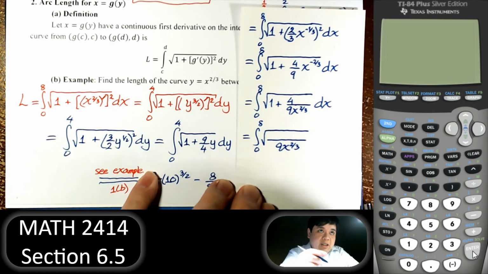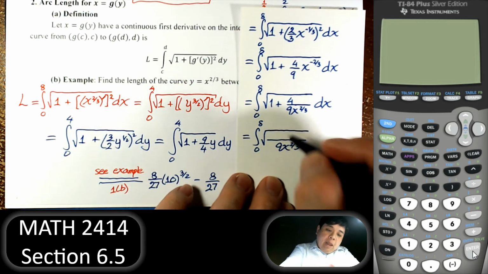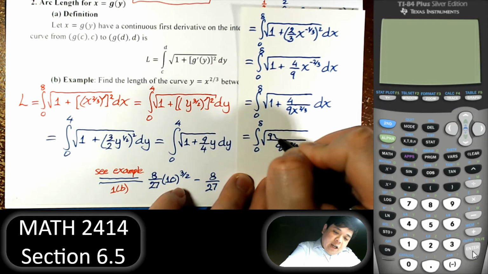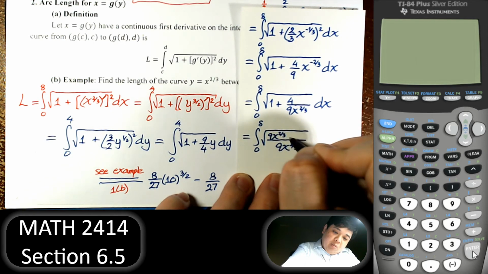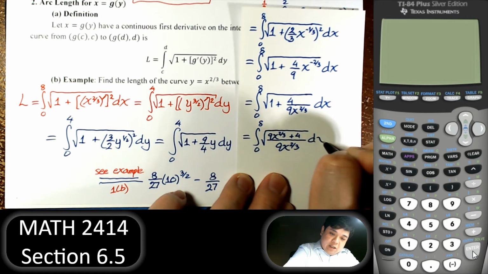Multiply that to the top: 9x to the 2/3 plus 4, dx.